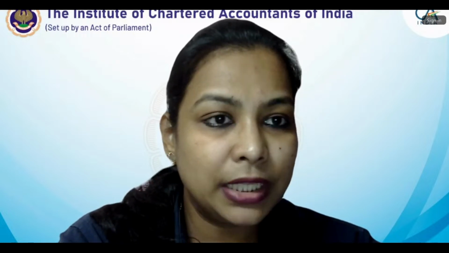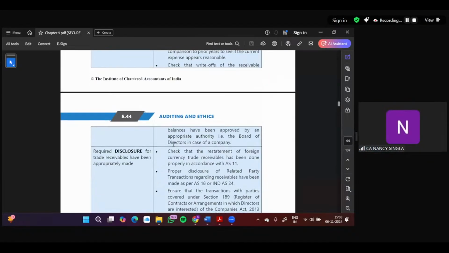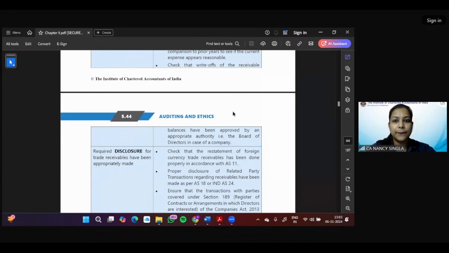So let me just share the screen. We'll be starting with the disclosure requirements. In the last session, we did the various audit verification with respect to various assertions relating to trade receivables.